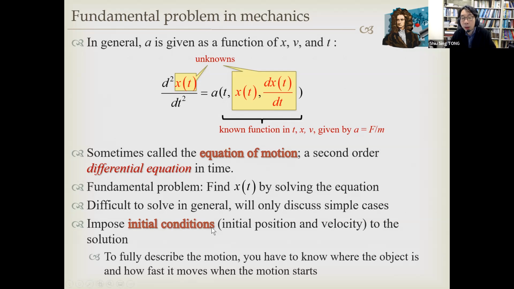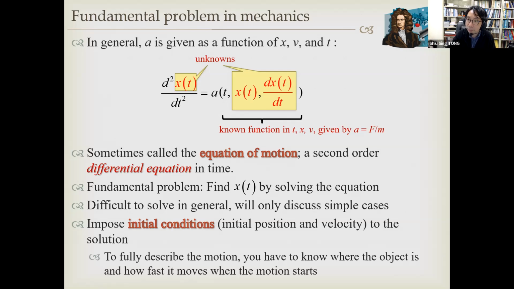Now, when you solve this equation, you have to impose the initial condition. Now, what are the initial conditions? The initial conditions are the position and the velocity of the object when the motion starts. When you are told to solve a motion, you should be given the initial position and the initial velocity, right? That is the initial condition that you have in order to fully describe the motion.